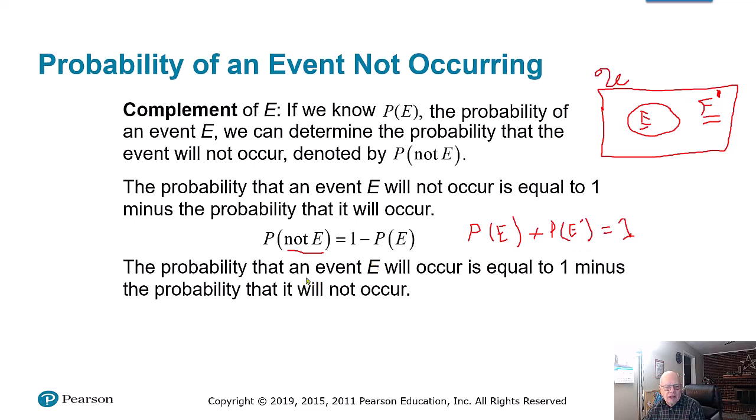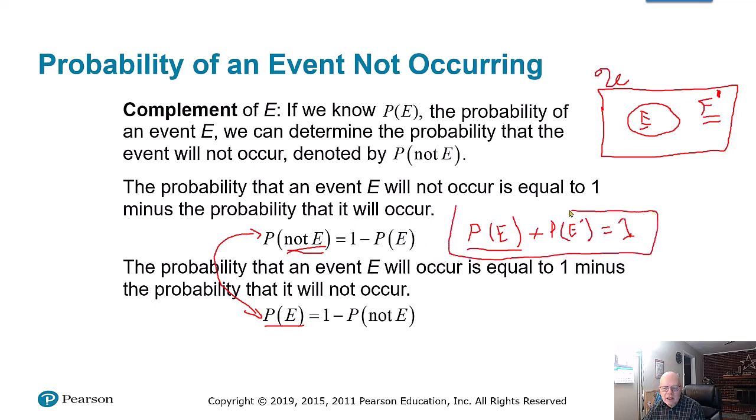So for an event, you can also say it's 1 minus the probability it won't happen. Just the opposite. So these two are really the same thing, but just with a focus on E not happening versus E happening. If you remember this one right here, this covers both of those situations.